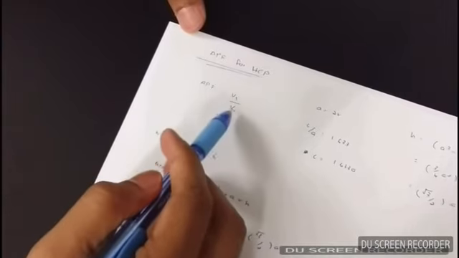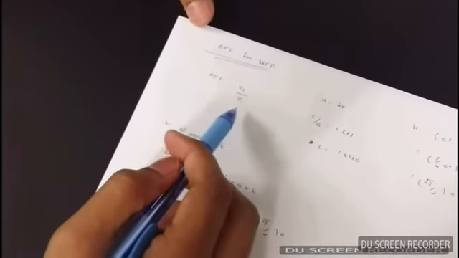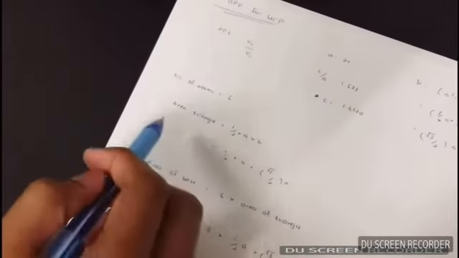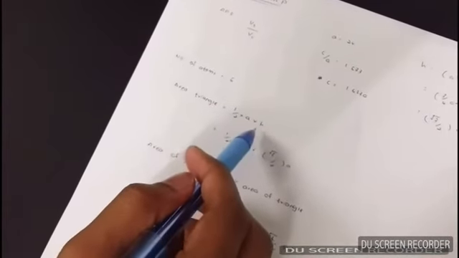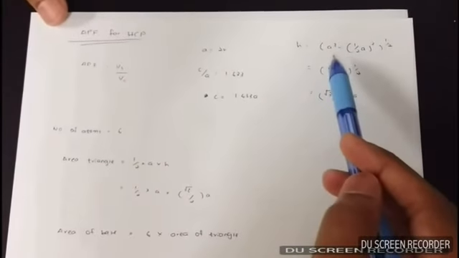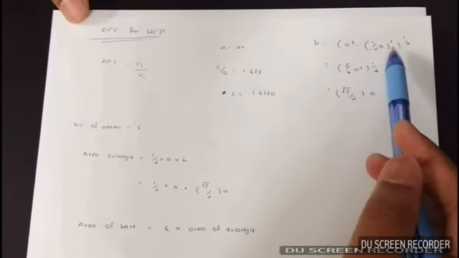For the calculation of APF for HCP, the formula is Vs over Vc, meaning Vs is the sphere volume over the cell volume. The number of atoms for HCP is 6. First we find the area of the triangle. The formula is 1 over 2 times A times H. A is equal to 2R and H equals the square root of A squared minus half A squared.